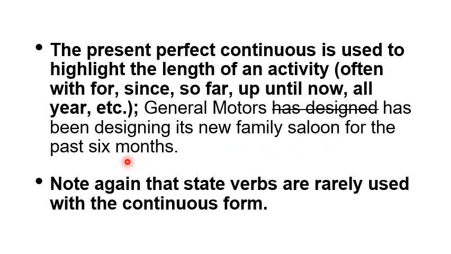The event started 6 months ago, and they are still working on it at the moment of speaking. So we need to use the present perfect continuous tense, because the event has not stopped now.